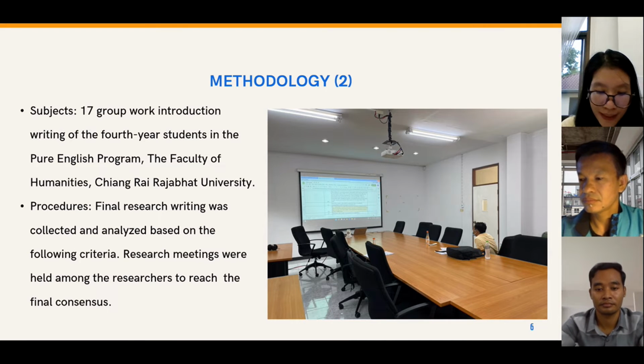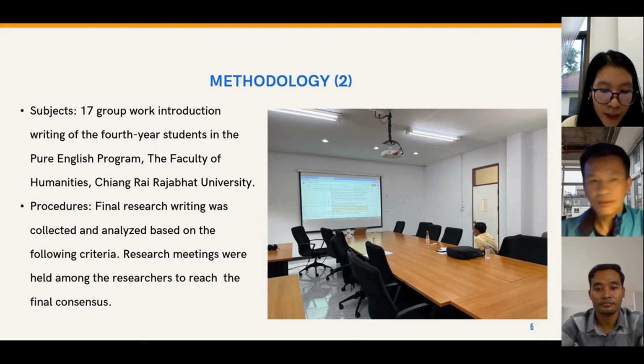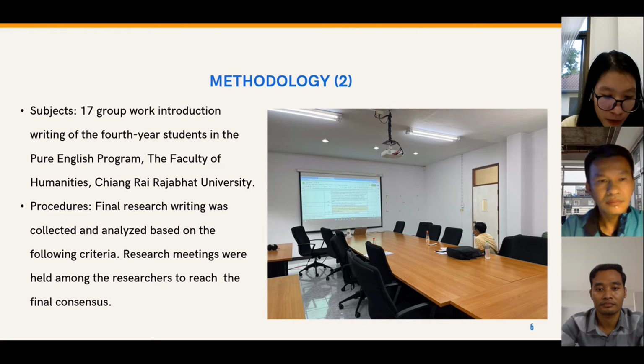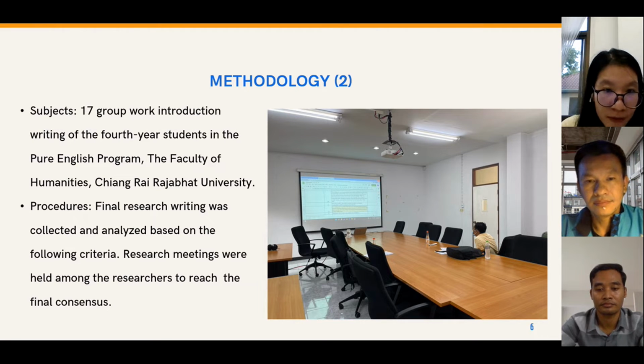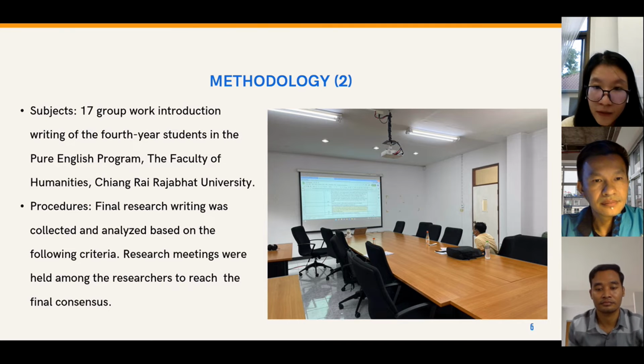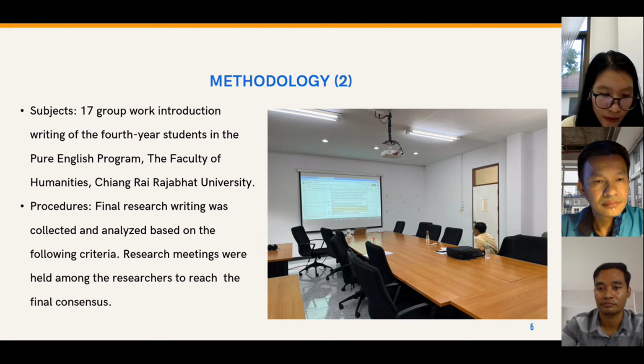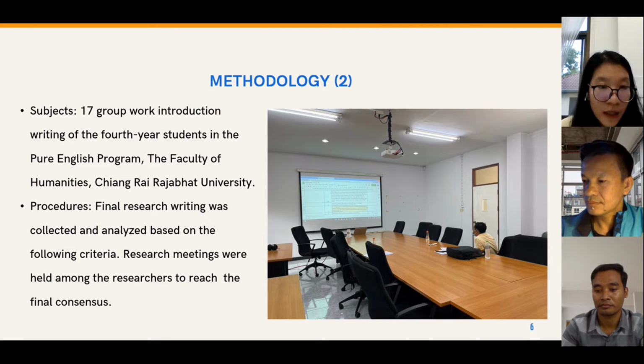Number 1 is follow the move in writing instruction and avoid the monotonous writing framework. Data were collected and analyzed from December 2021 to July 2022.